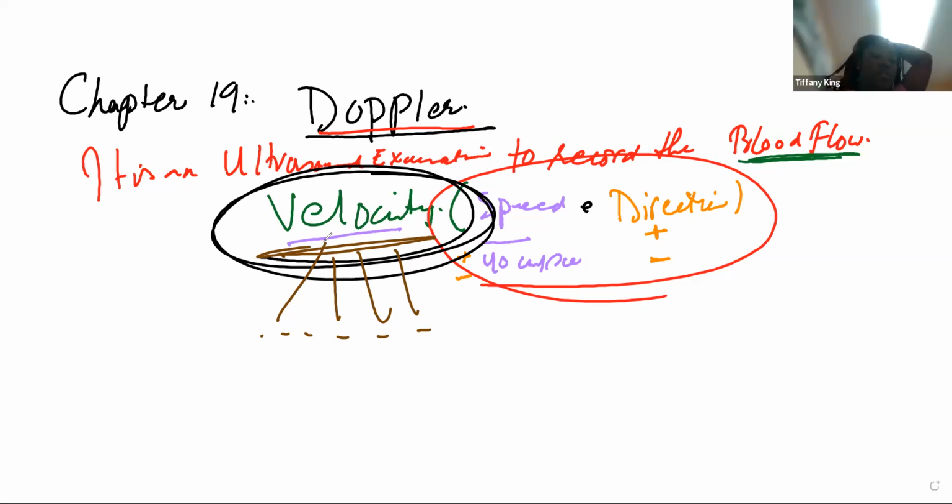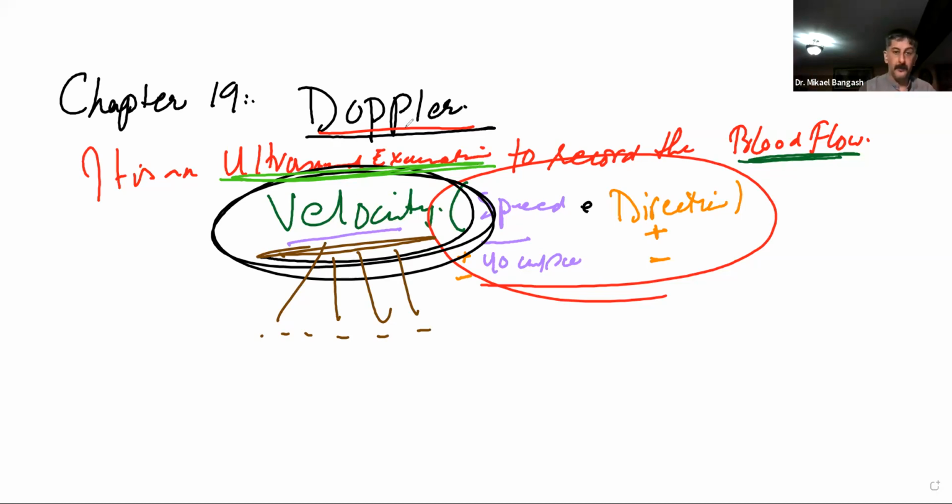Yes, it did. Good. And as I say, what we do in Doppler, we use our basic ultrasound equipment. So it's going to be exactly the same transducers that we used for regular diagnostic imaging.